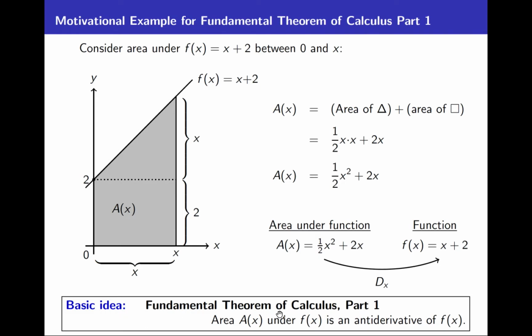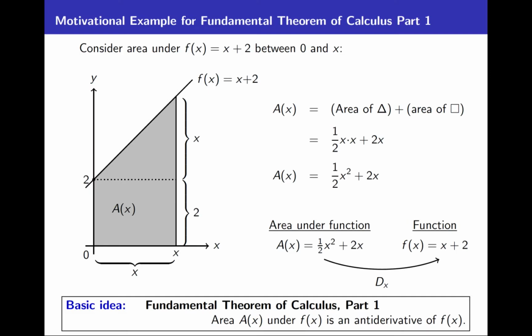The Fundamental Theorem of Calculus, Part 1, can be thought of as stating that the area A of x under the graph of a function f of x is an antiderivative of f of x. Now the actual statement, we'll do that on the next page. It's a little more precise, but this is the basic idea of Fundamental Theorem of Calculus, Part 1. The area under a function f is an antiderivative of that function.